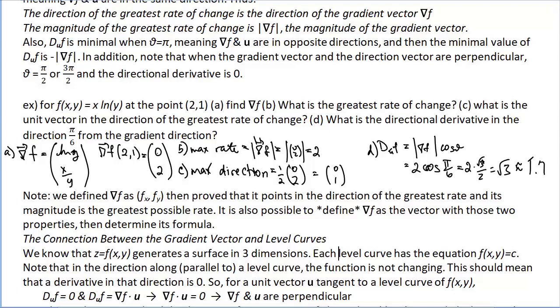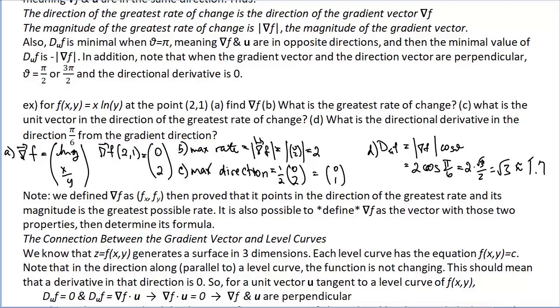But we also know that a directional derivative is just the gradient of f dot u. So therefore, that must mean in this scenario that grad f dot u, where u is tangent to the level curve, must be 0. But we also know that if the dot product of two vectors is 0, then they must be perpendicular.